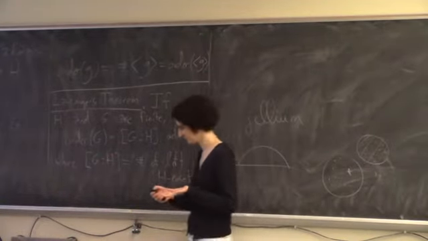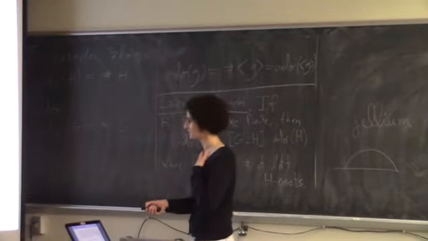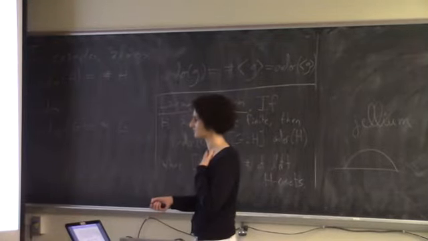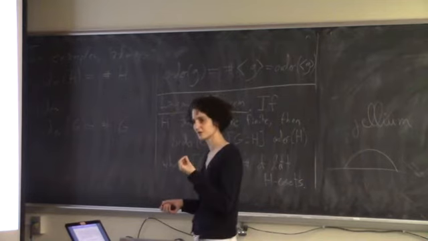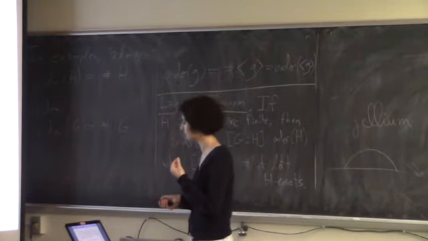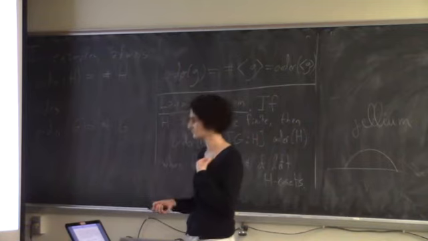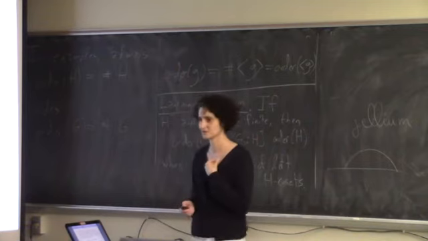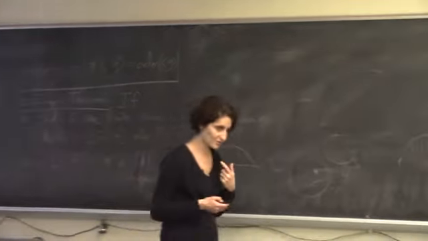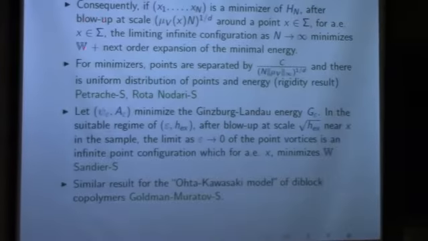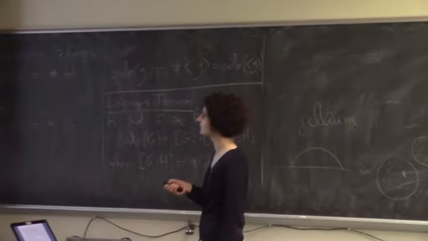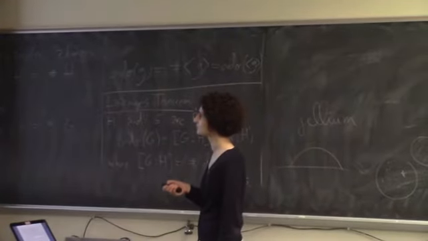If you have minimizers of Hn, they have to look like the equilibrium measure, and after blow up, at the microscopic scale, you also have to minimize W. If you minimize this, you minimize that. So minimizers converge to minimizers of this W. This is what's written here. If you zoom at the proper scale, you see infinite configurations which minimize W.